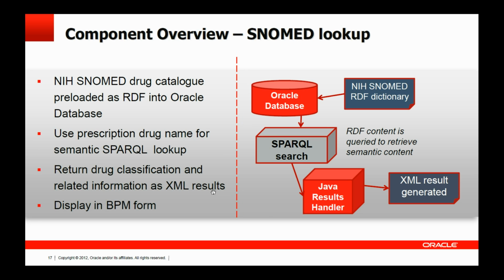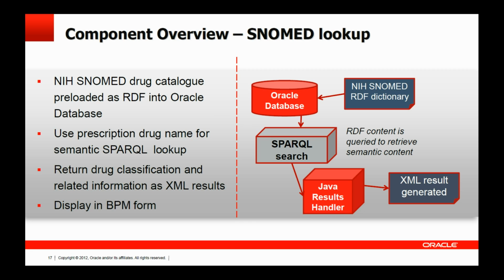And next is the SNOMED lookup. So what's involved here is being able to take the National Institute of Health SNOMED drug catalog and preload that as RDF into the Oracle database, and then be able to run the SPARQL lookup, which we saw happening.